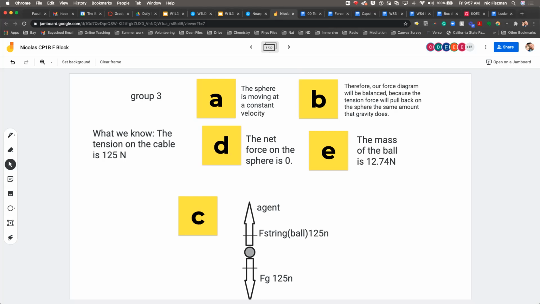Lowell has it. What is weird on this slide? It's a mistake. It's not a big mistake, but it's a mistake nonetheless. Natalia? For E, they're talking about the mass, but they put newtons. Yeah. Make sure your units are valid. In this case, it's a mass, so it should be in kilograms, not in newtons.